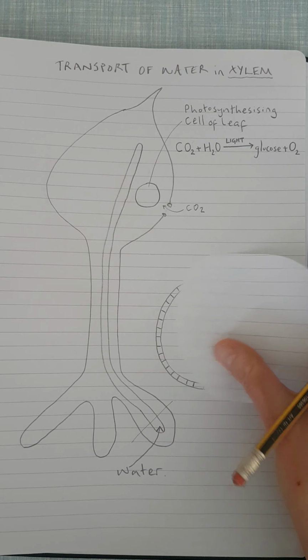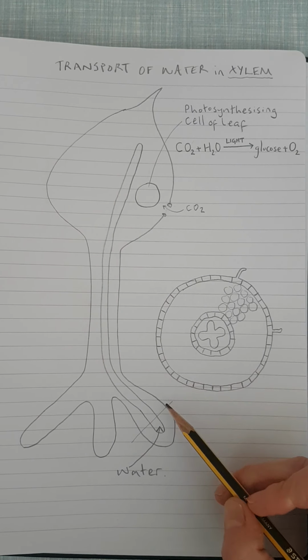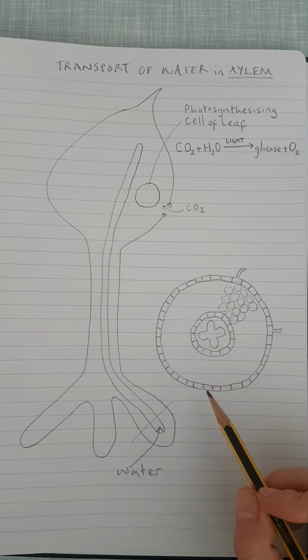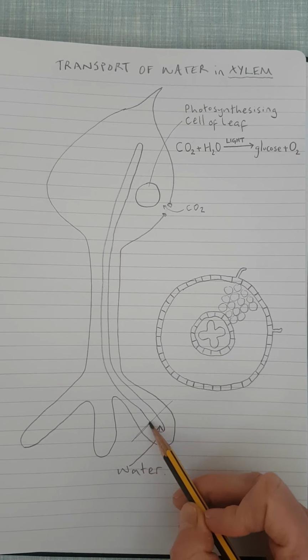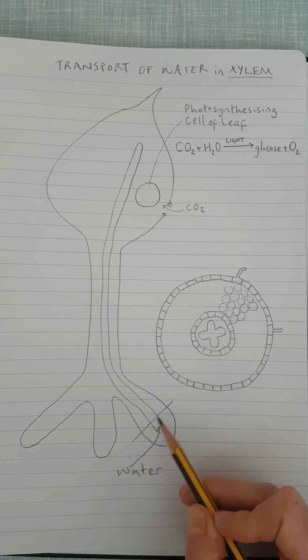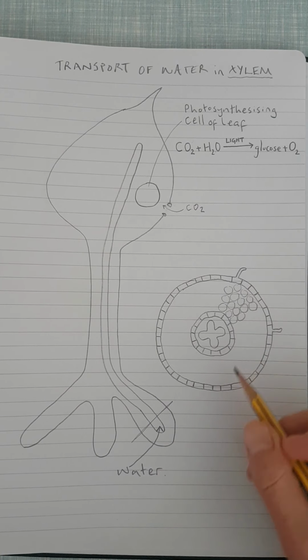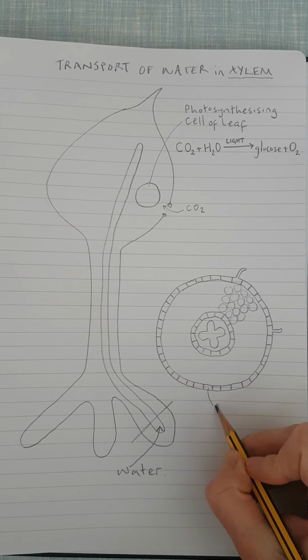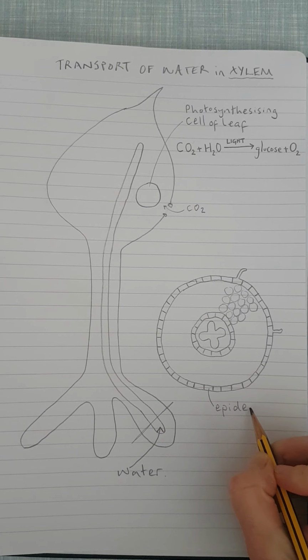So I've drawn here a cross section. It's a kind of tissue map, if you like. If we were to cut the root here and have a look at a cross section of the root, it would look a little bit like this. So we have the epidermal cells here.